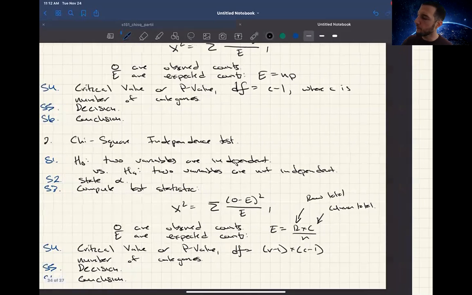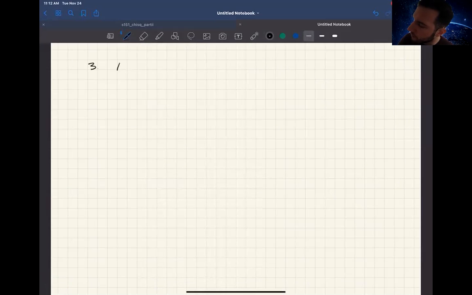The third test that we are going to talk about today is the ANOVA. The ANOVA is completely unrelated to the chi-squares. It is a test that extends the two sample t-tests to the most general case.